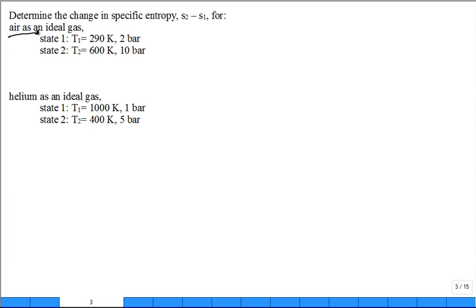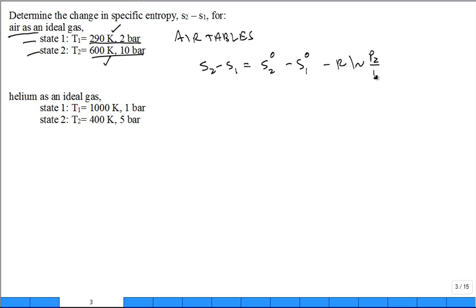Air as an ideal gas. They give us a temperature and a pressure for both of the states. You can use the air tables. Okay, so if you use the air table, there's a line for 290 Kelvin and a line for 600 Kelvin. So S2 minus S1 is equal to S2 naught minus S1 naught minus R natural log of P2 over P1.